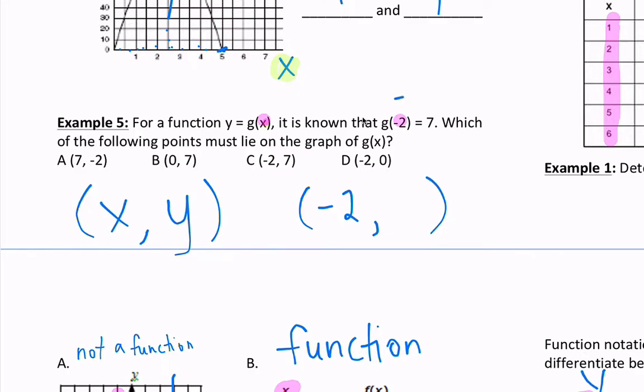So what that's saying is y is equal to 7 when x is negative 2. So that y value is 7. So x is negative 2. The whole thing, y, is 7. X comma y. So that answer is C.